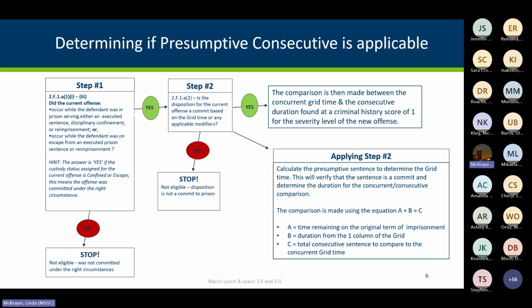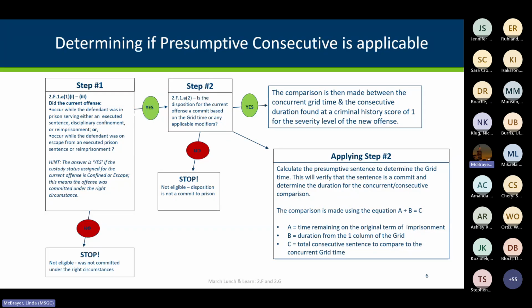Step two, again, because you're completing a worksheet with all of their criminal history listed on it, step two is the determination of, is it a presumptive commit? As we said, all assaults committed in prison are automatically presumptive commits, but not every other offense committed in prison is a commit.